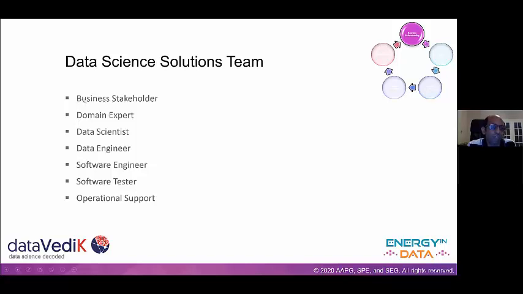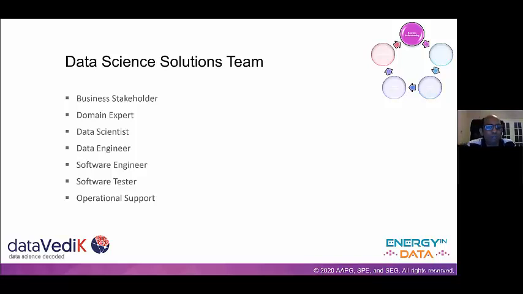And that's true for every one of these roles, right? In a very small project, you may have, in fact, 1 or 2 people who may be playing all the roles. Okay? So business stakeholder and domain expert are the 2 key people who are primarily responsible for defining the problem and defining the value that you will gain out of the solution. Okay? So that is where the actual project starts.